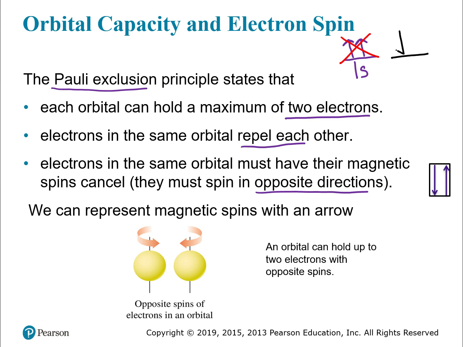Likewise, if I put them both spinning like this, no, they don't like it. They don't want to be that close together. They don't want to be holding hands. You have to have opposite spins, which is represented by an arrow going up and an arrow going down.